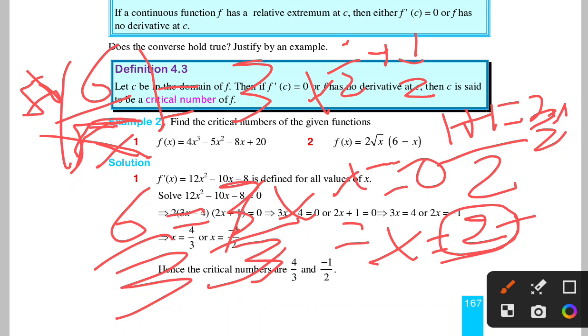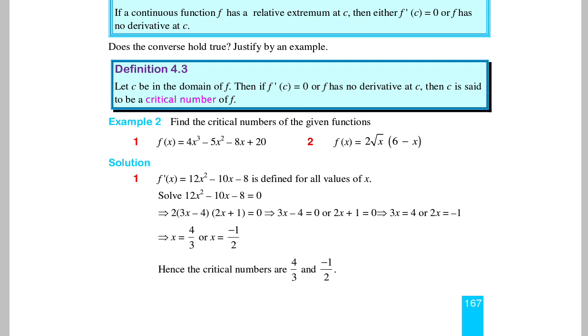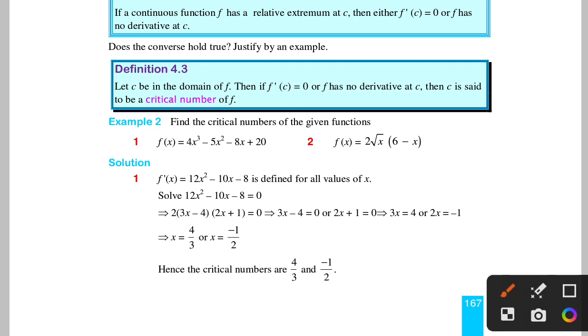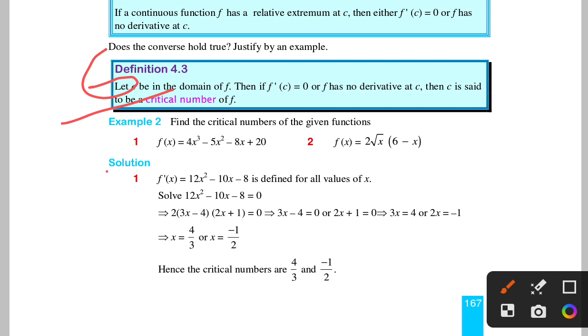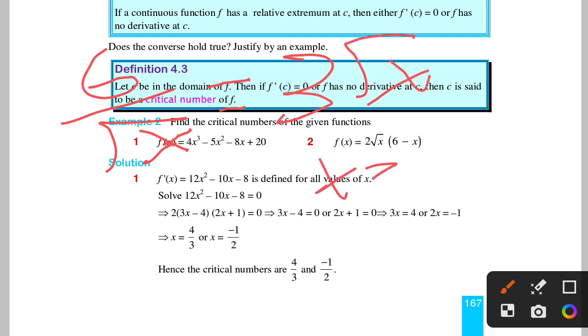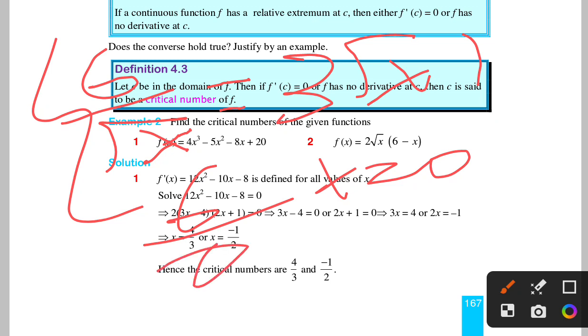Derivative, let me rewrite: 6 over radical x minus 3 radical x. When x equal to 0, this derivative doesn't exist, because any number divided by 0 doesn't exist according to mathematical precondition.